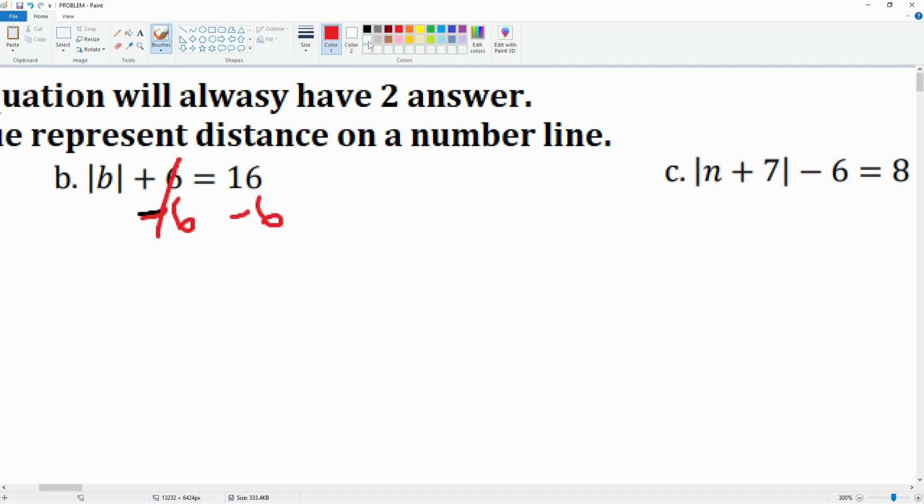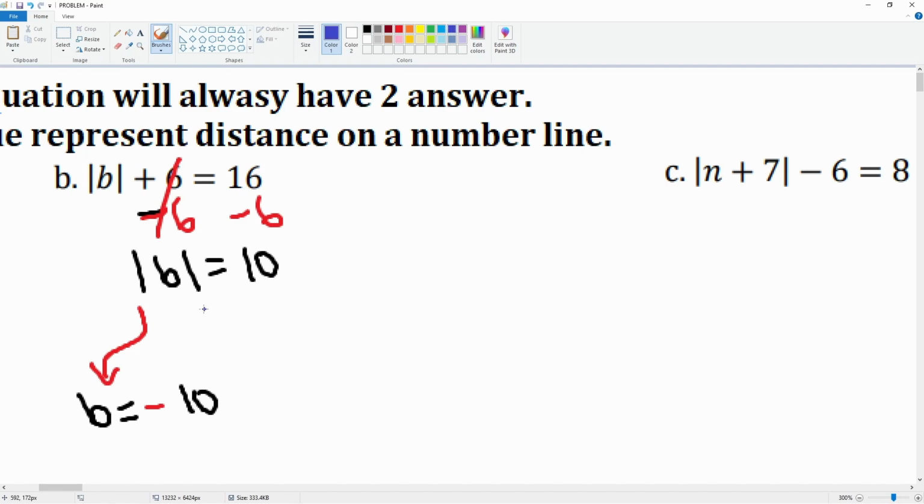Notice this cancels, leaving you with just the absolute value of b is equal to 10. This allows you to now split it. The negative part is b equal to negative 10. Then the positive version is b equal to positive 10. These are your two answers.